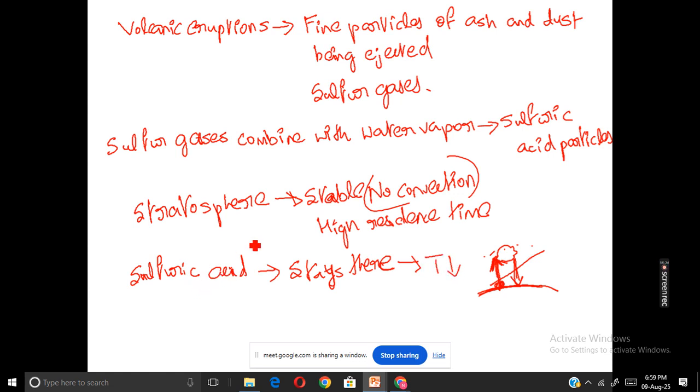These kinds of particles, the tiny liquid or solid particles present in the atmosphere, are known as aerosols.